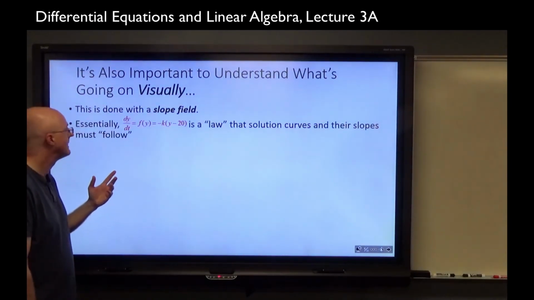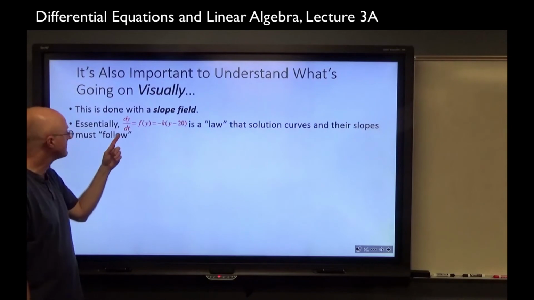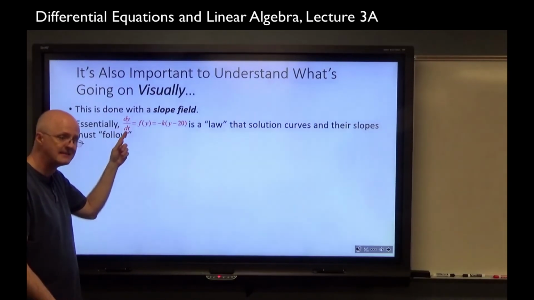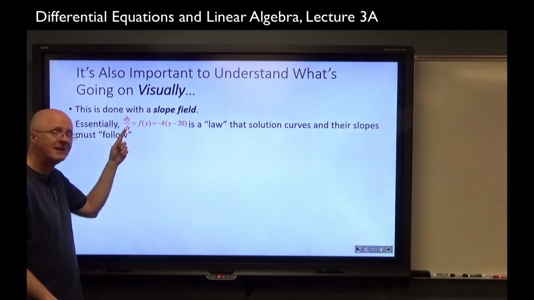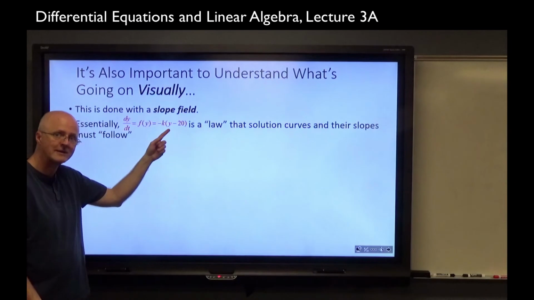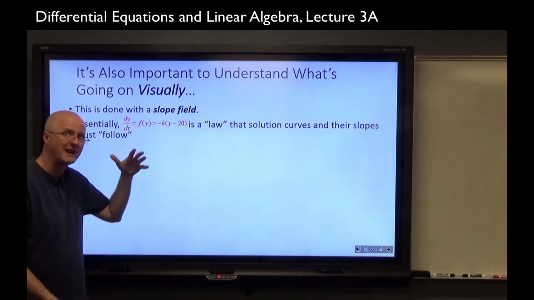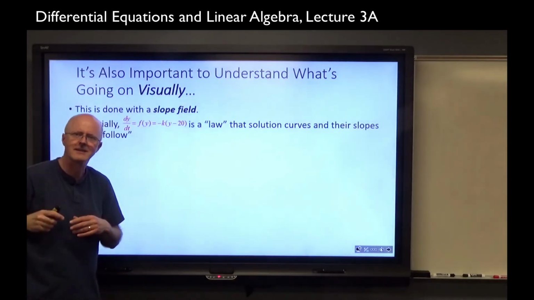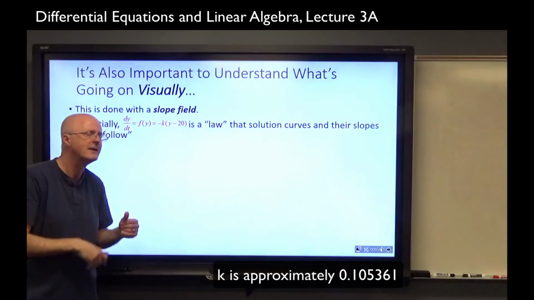Geometrically, what I mean is that a solution curve is going to have a slope, a rate of change, which is the slope of a tangent line, an instantaneous rate of change, at any value of t equal to negative k times the second coordinate at that time minus 20, where k is the same thing we got before. I'm pretending k is, what was it, negative natural log of 0.9, I think, 0.10 or something.